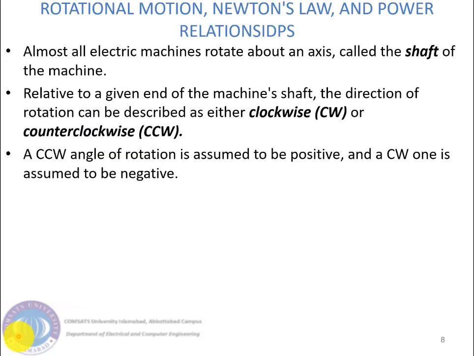Now, almost all electric machines rotate about an axis called the shaft of the machine. Remember, almost simply means that transformers do not rotate. Relative to a given end of the machine's shaft, the direction of rotation can be described as either clockwise or counterclockwise. This is just the relative motion.